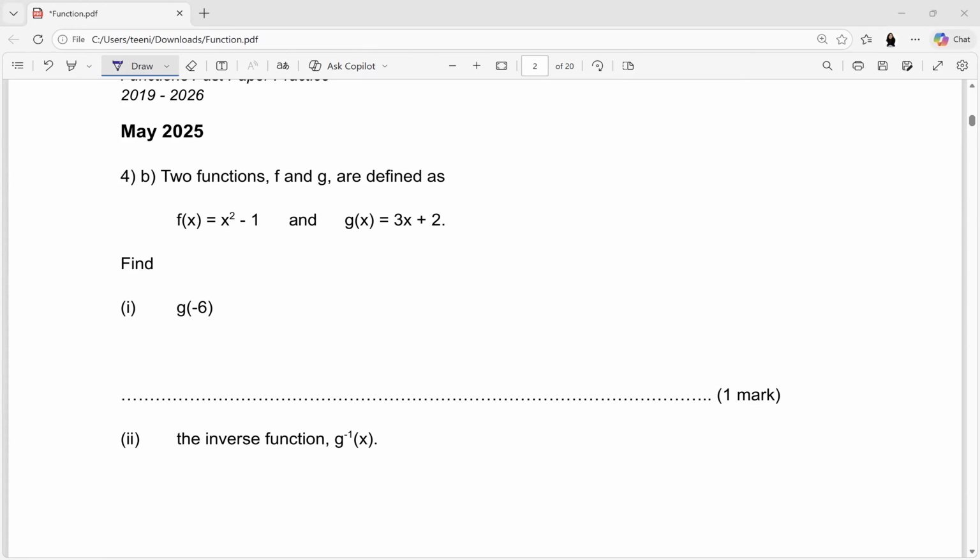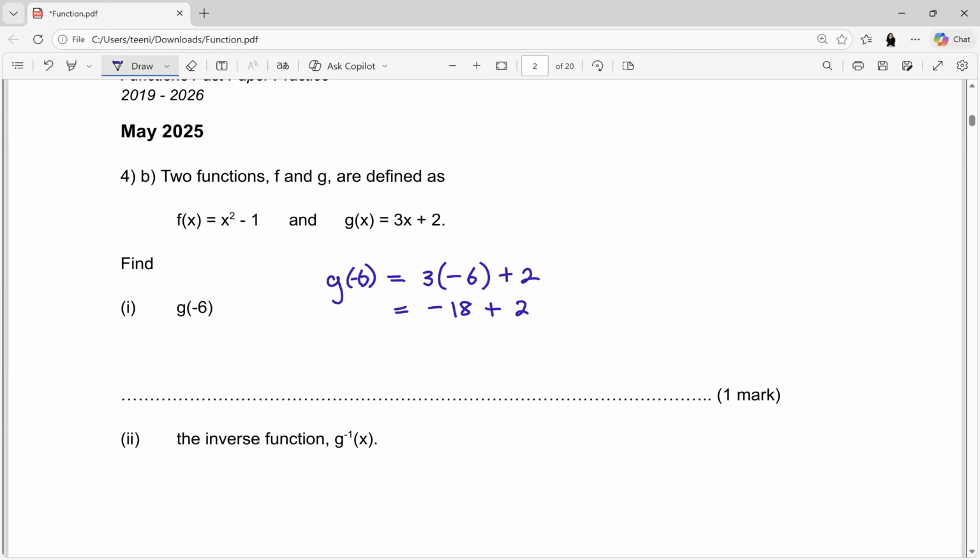Okay, it will be g in brackets -6 equals 3 in brackets -6 plus 2, and that will be -18 plus 2, which is -20.